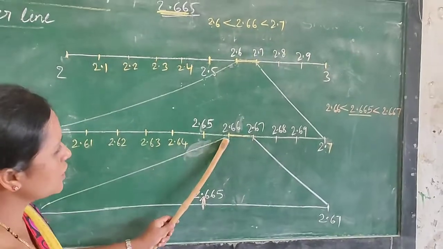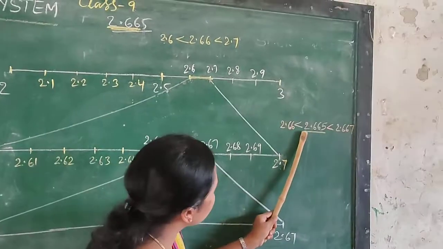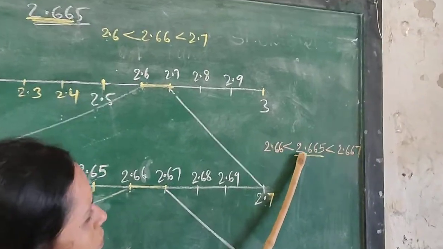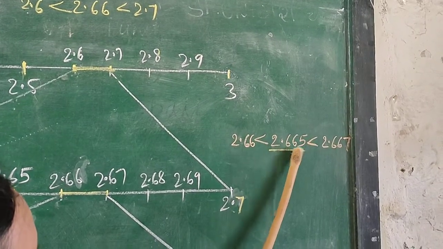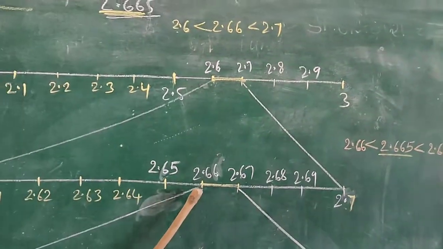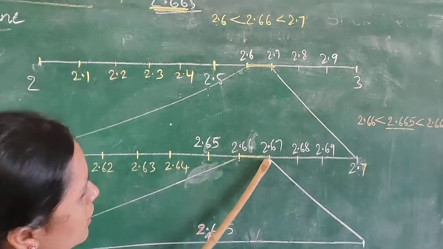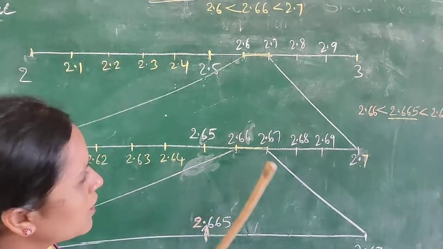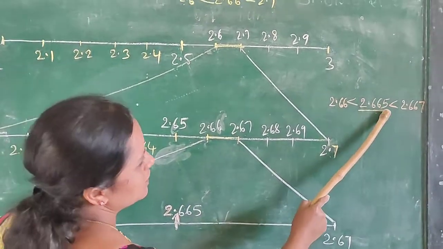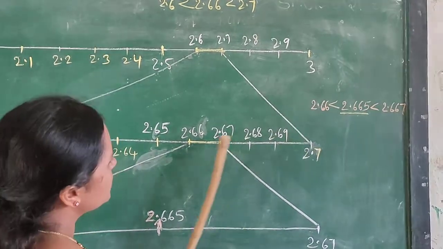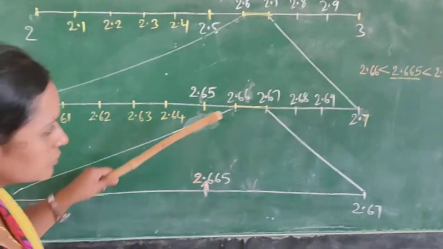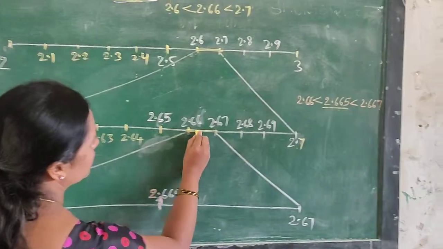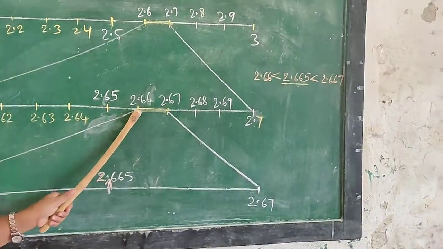So, our next portion is what? Now, we exactly represent 2.665. Observe this one. This 2.665 comes in between 2.66 and 2.67 because this 2.665 is greater than 2.66 and less than 2.67. Now you can imagine to magnify this portion.